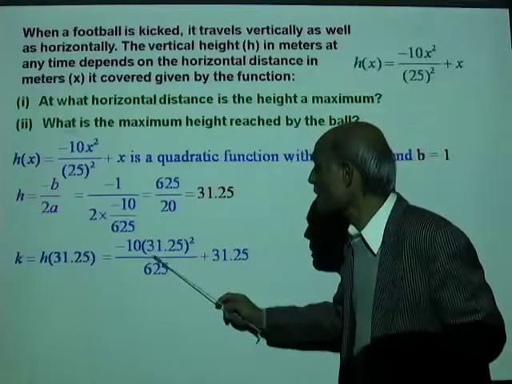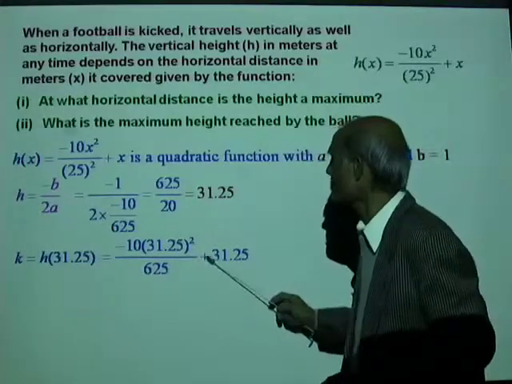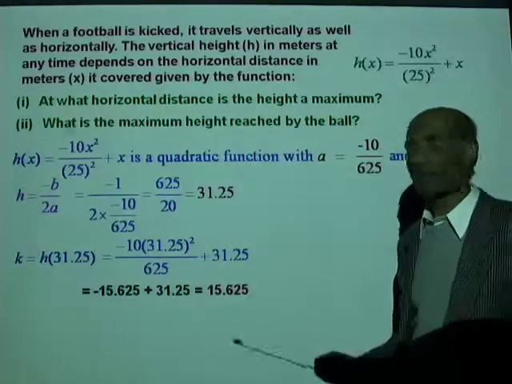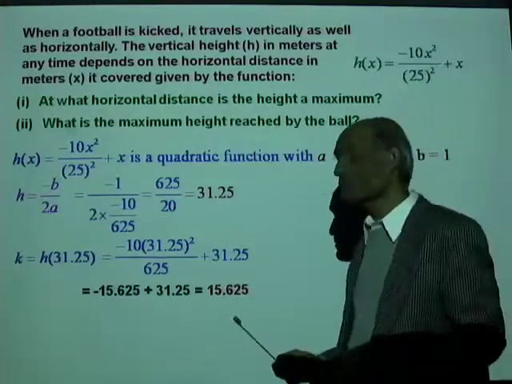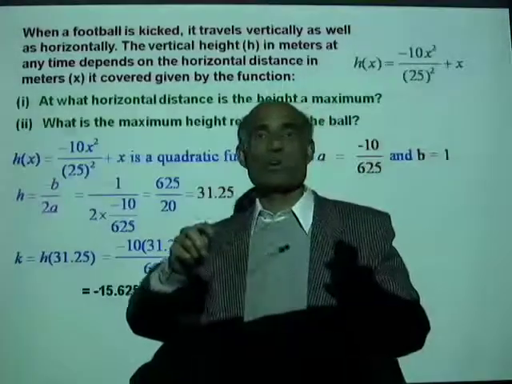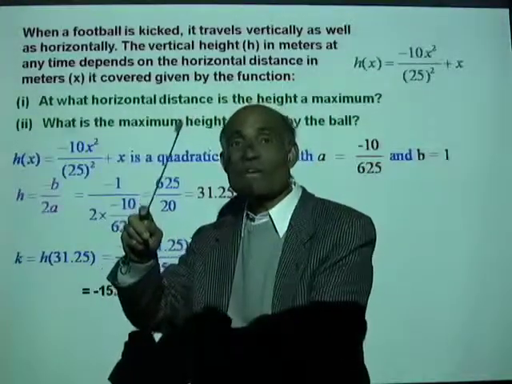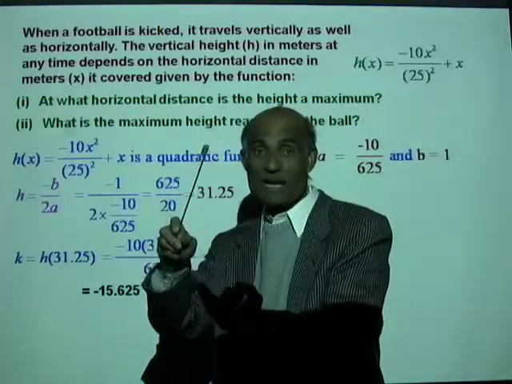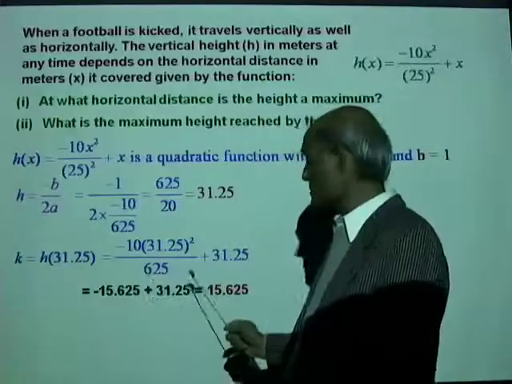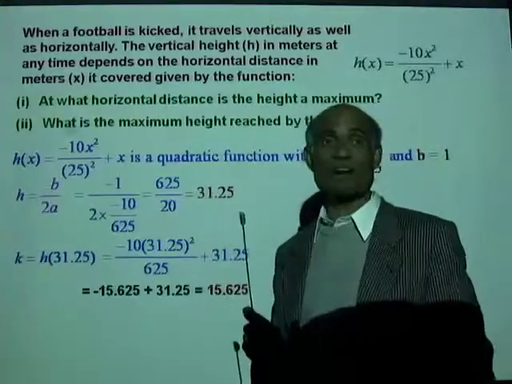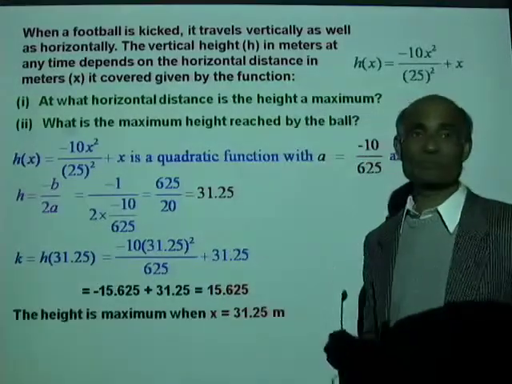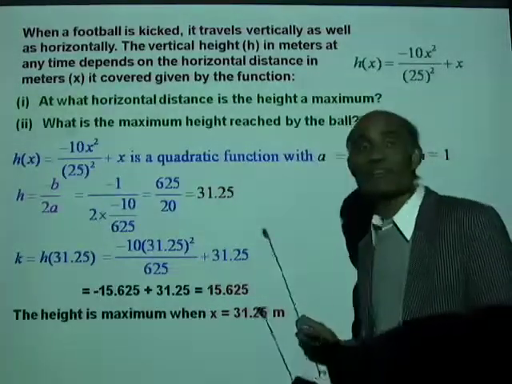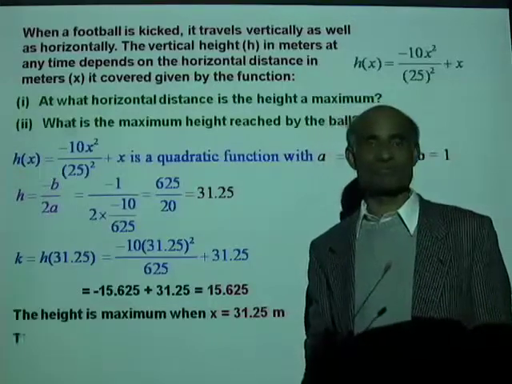That is negative 10 times x squared over 625 plus x. And calculate this on your own. And that gives you 15.625. As the ball goes like this, when x equal to 31.25, the ball is at a maximum height, and that maximum height is 15.625. That's the meaning of that. And the height is maximum when x equal to 31.25.